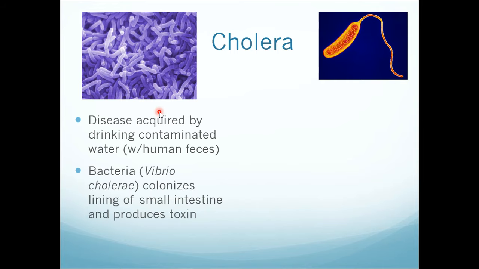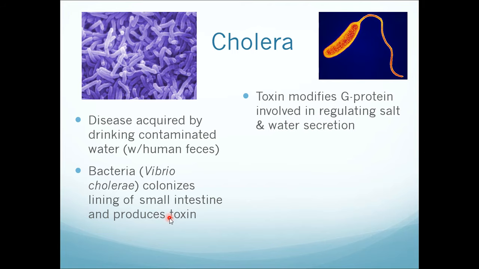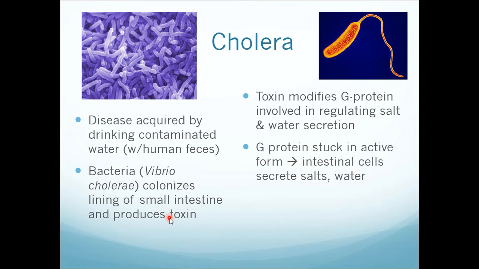And so what will happen is basically a bacteria, I don't need you to know the name, will colonize your small intestine and it'll start making a toxin. That toxin will mess with that G protein. Okay, so it's just going to mess with one of those plasma membrane proteins that is responsible for one of those transduction pathways. And this G protein is responsible for regulating salt and water secretion.